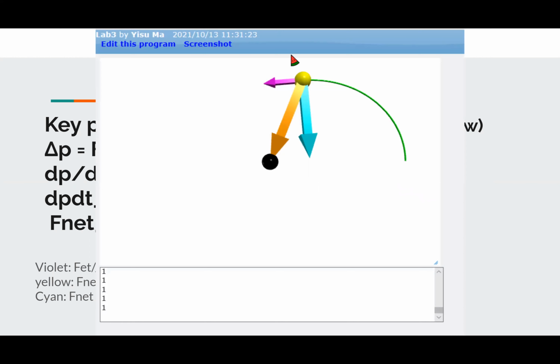We will finally get a dynamic graph showing the trajectory of our star, and it is affected by this violet arrow, which is F net parallel, and this yellow arrow, which is F net perpendicular, and the cyan arrow is our F net. So we can easily calculate the dp dt, which is this cyan arrow, and then we can get our other two components.